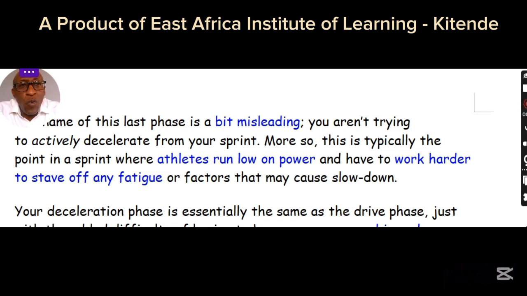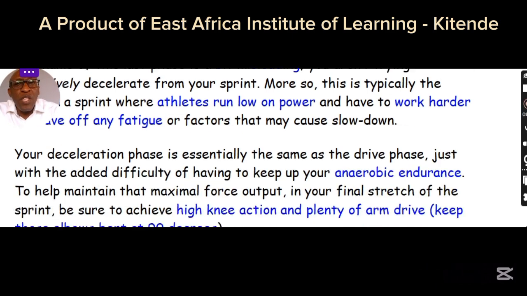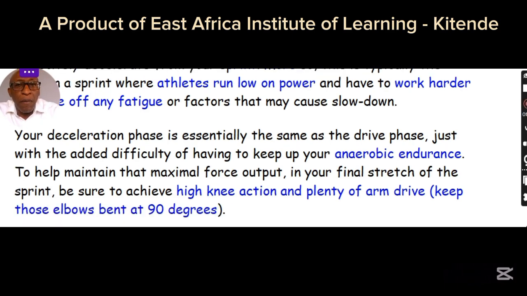During this phase, the muscles are moving away from aerobic respiration, that is production of energy with the help of oxygen, and now they are moving into a phase of anaerobic endurance, that is generating needed energy with minimal supply of oxygen.